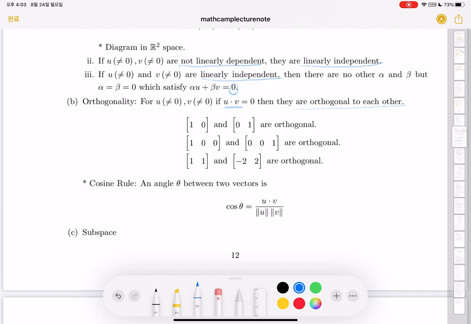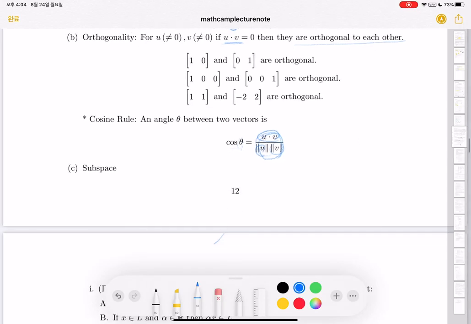The cosine of the angle between two vectors is the inner product divided by the norms of the two vectors. Geometrically, suppose this is your u vector and this is your v vector, in whichever dimension.